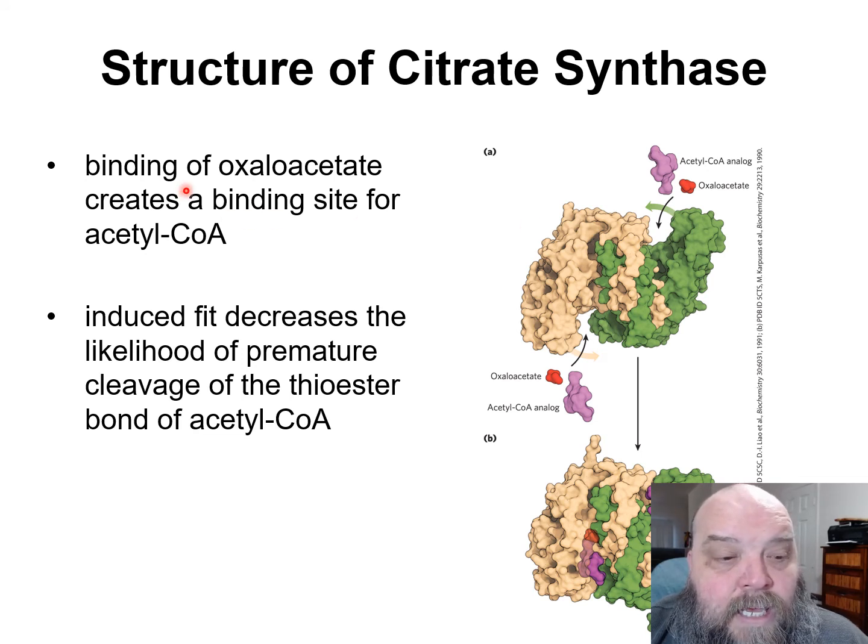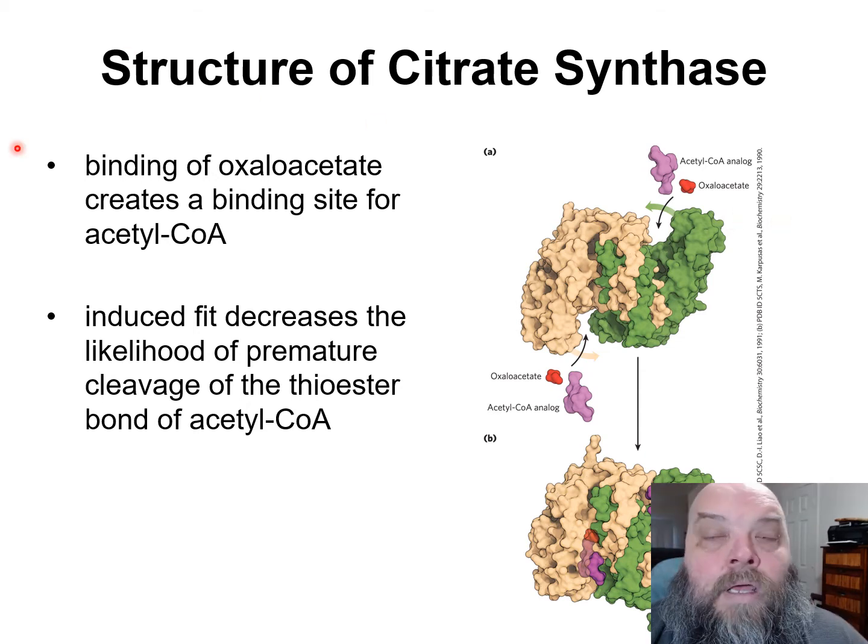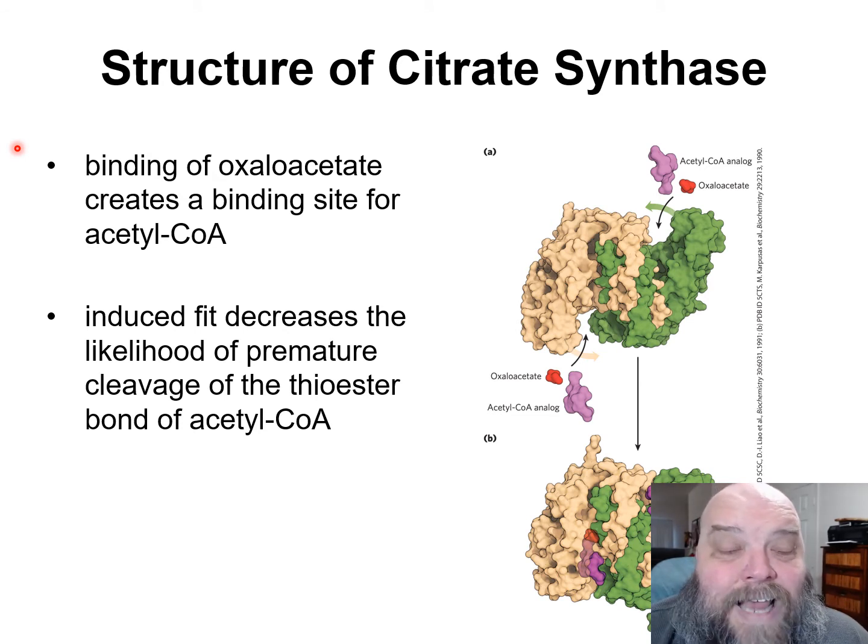What's interesting is because the oxaloacetate is the limiting factor, this enzyme has evolved to the point that it's the oxaloacetate that's not only acting as a substrate, but it's also acting as an allosteric activator.